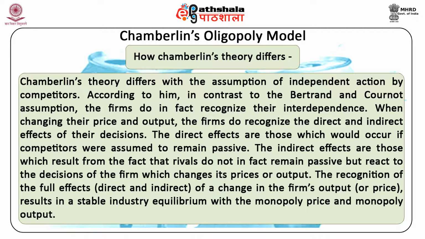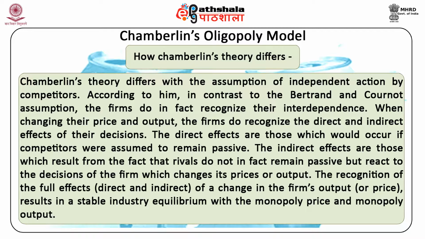The direct effects are those which would occur if competitors were assumed to remain passive. The indirect effects are those which result from the fact that rivals do not in fact remain passive but react to the decisions of the firm which changes its prices or output.